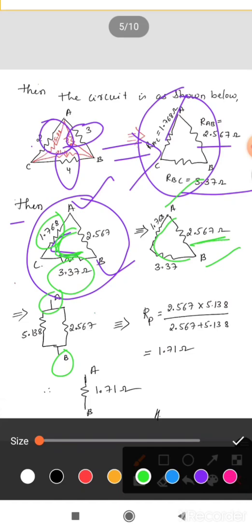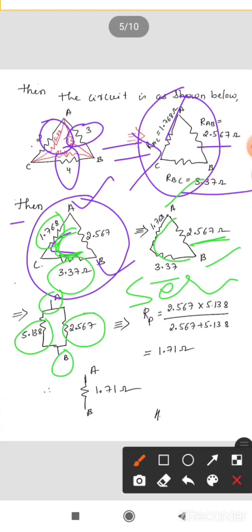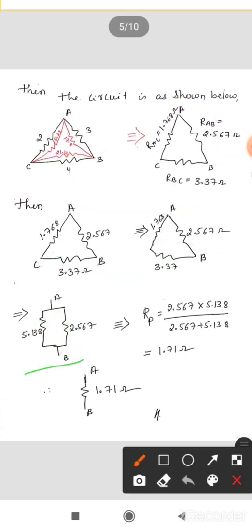So 2.567 ohm will be here, and these two, 1.768 plus 3.37, we add these two because they are in series. So add them, you will get 5.138. Once you get this combination, we require between AB. These two are in parallel.